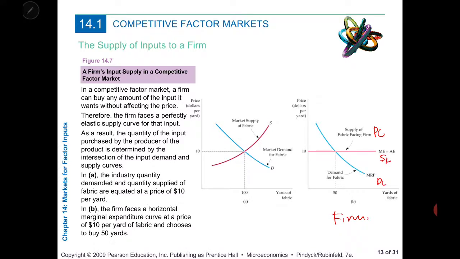Sorry, it's fabric now. We're not talking about labor. All right, fabric. Now, why do we use the term marginal expenditure?